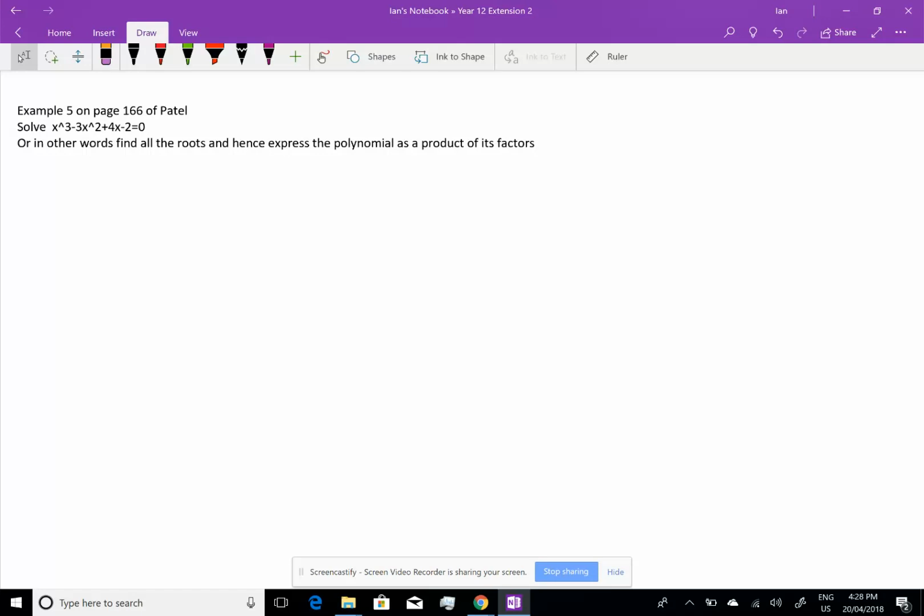So let's have a look at this. Here's our polynomial: x cubed minus 3x squared plus 4x minus 2 equals 0.